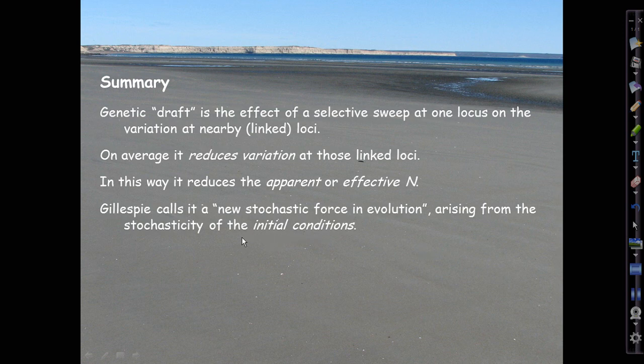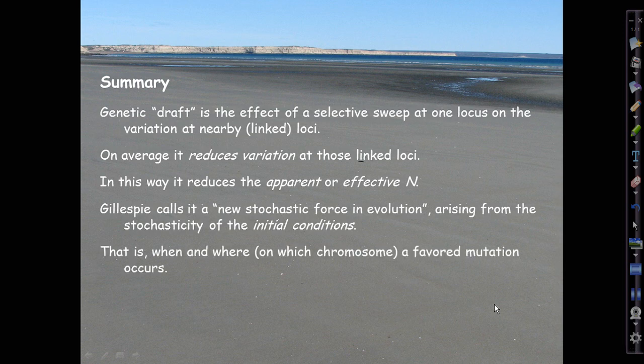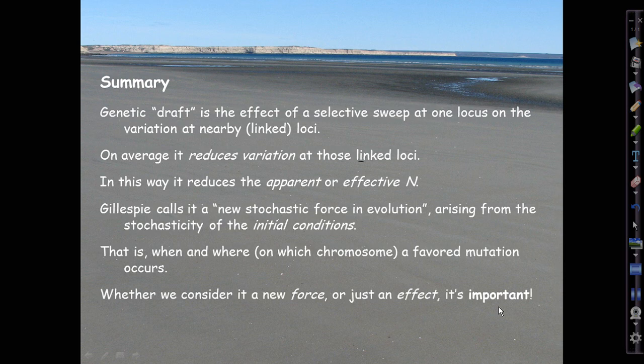Gillespie calls it a new stochastic force in evolution arising from the stochasticity of the initial conditions, which is different from the source of other stochasticity like genetic drift. That is, it's the stochasticity of when and where in the genome a favored mutation first occurs.